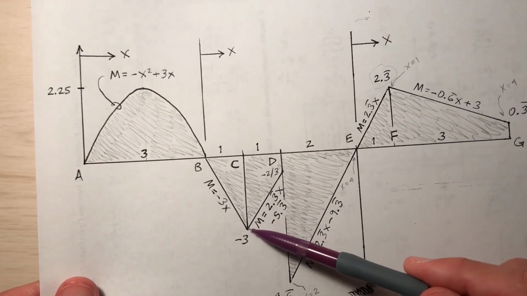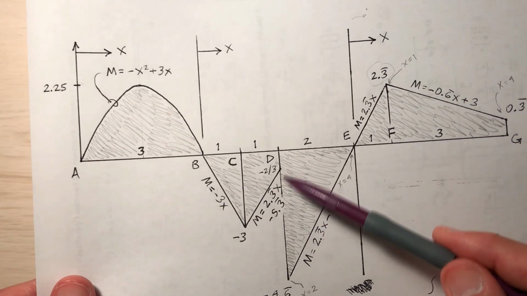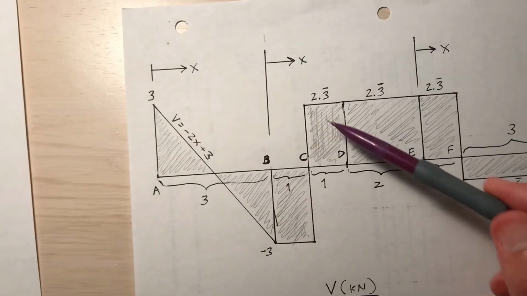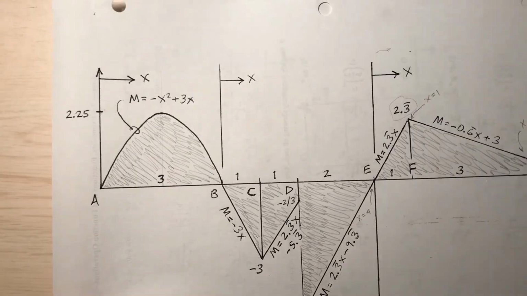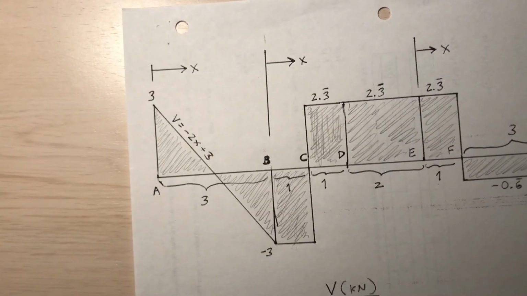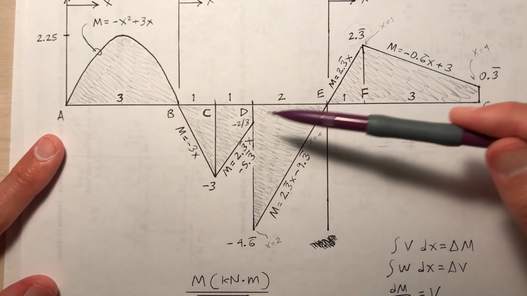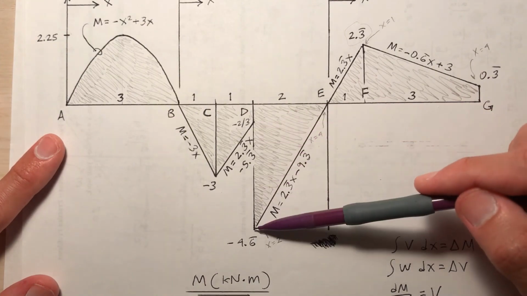Did I say that right? At C, the moment is -3. At D, it's -2 1/3. -3 plus 2 1/3 is -2 1/3, isn't it? How does that look? At D, there's a moment that jumps in that makes this drop down to -4 2/3.